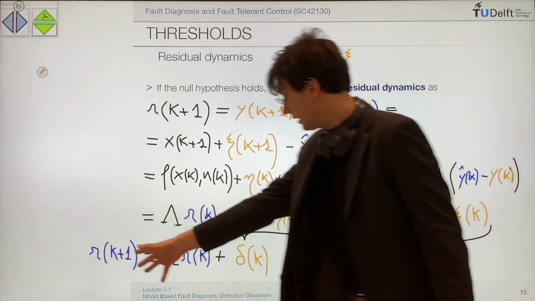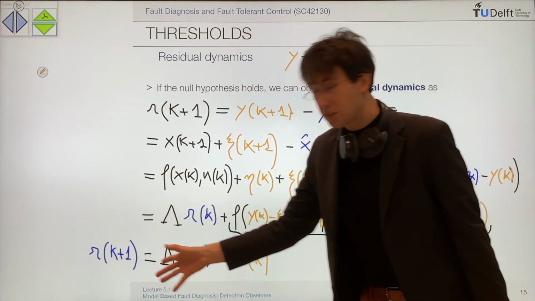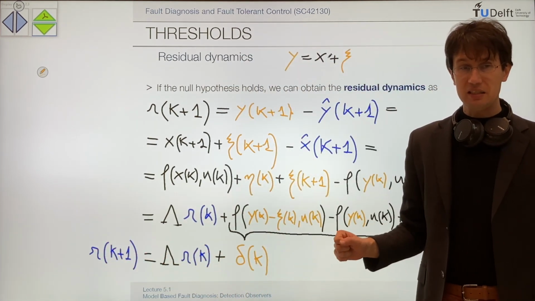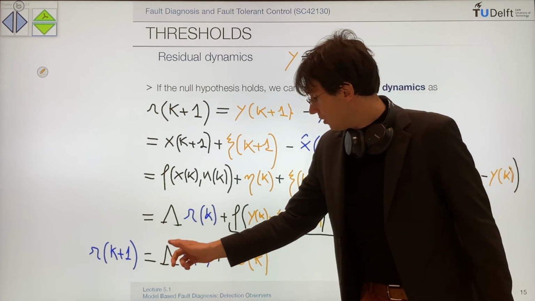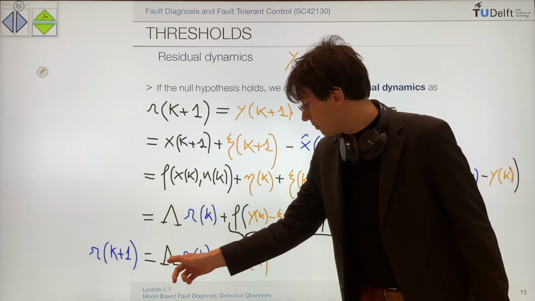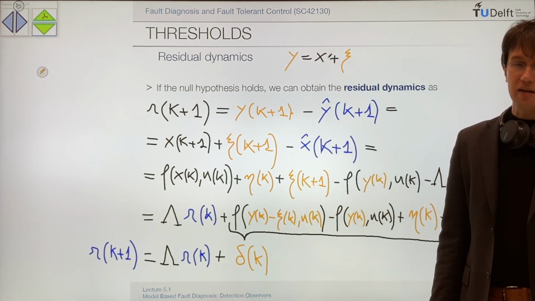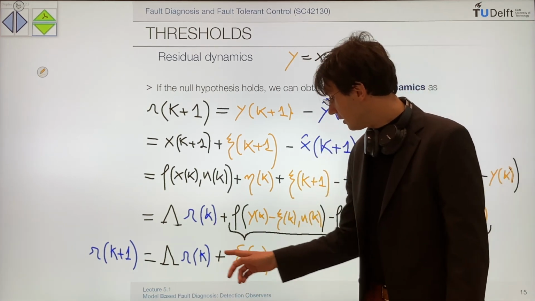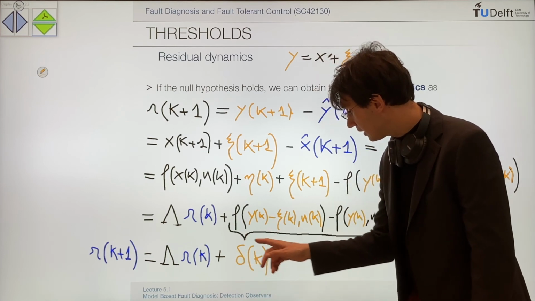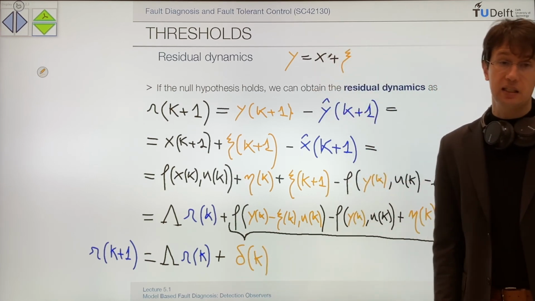So this is the equation of a simple first order system whose eigenvalues depend on lambda. But we know that lambda is a stable discrete time matrix. We said plus this that behaves like an external input.